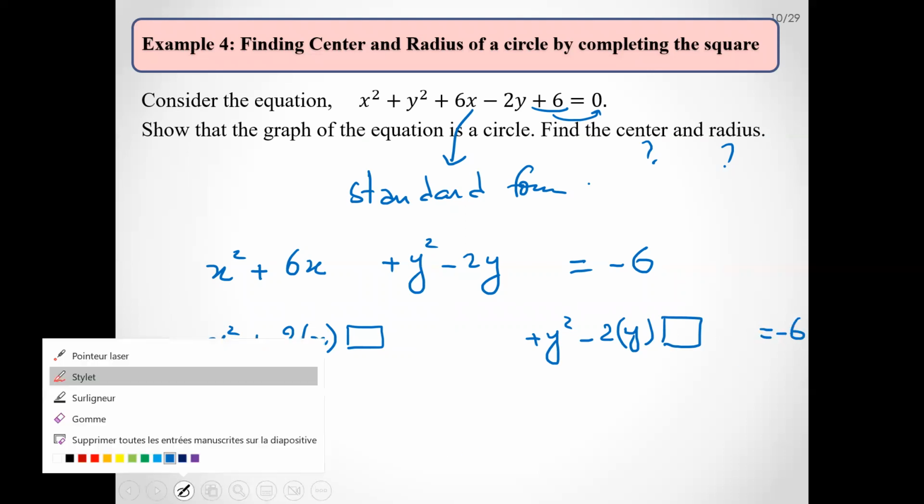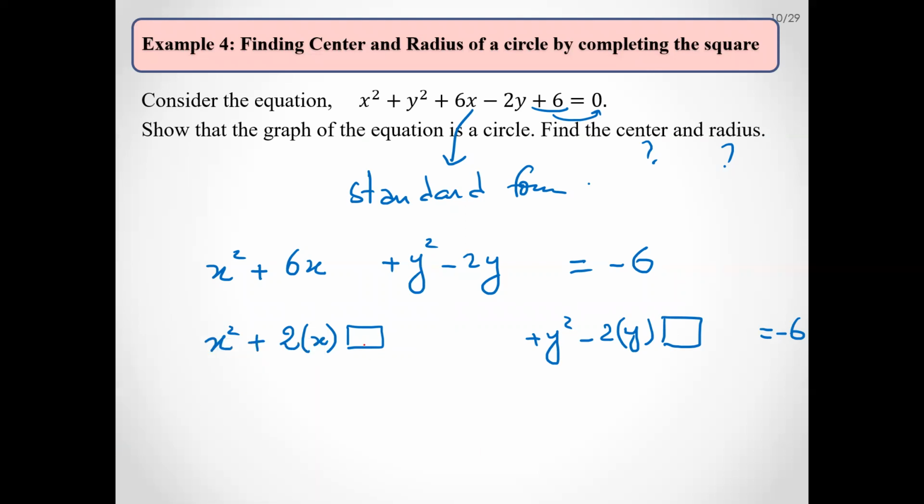Okay, so what's the شو العدد اللي مفروض يكون موجود داخل هذا المربع؟ نحتاج 6. نحصل 6 لازم 2 نضرب في 3. هنا نحتاج minus 2. minus 2y نضرب في 1.